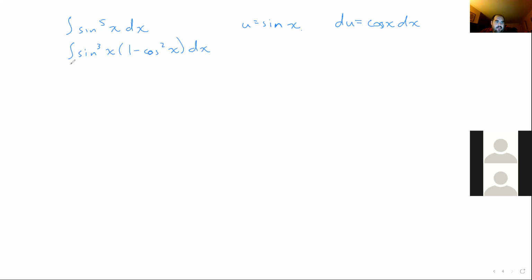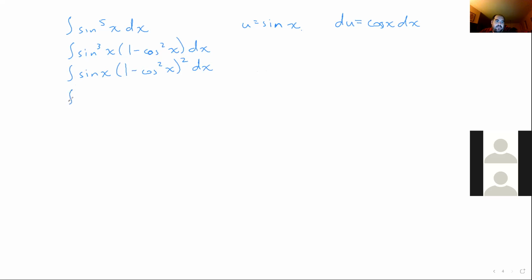So I'll go ahead and take over for one more move. I'm going to convert one more. So basically I took another sine squared and rewrote it as 1 minus cosine squared. So now I have this.